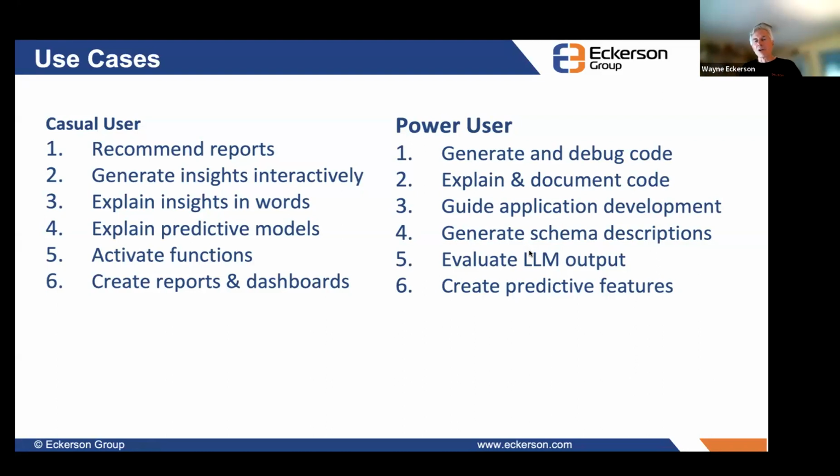You just can't take them carte blanche necessarily unless they've been trained on a very domain-based small language model, right? But even then, we're seeing models that evaluate the output of models so you can have some degree of confidence that this thing is not hallucinating on you. And it can even create predictive features, right? So that's one of the challenges that data scientists face.